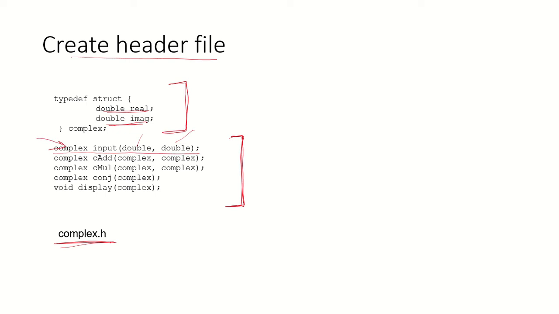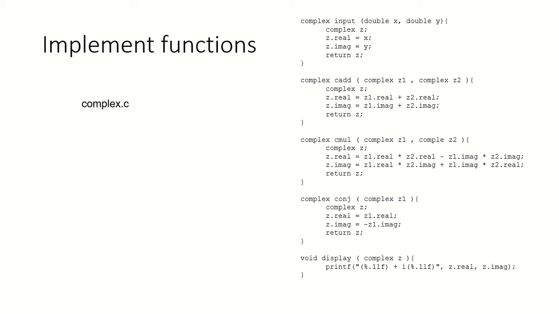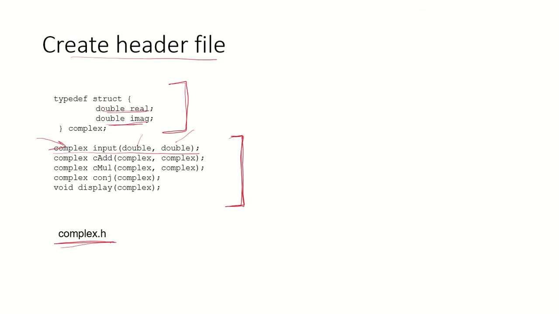Once this header file has been created, what we have to do is take any C text editor and create the complex.c file, which will contain the actual code. So what was the first operation that you wanted your user to have?